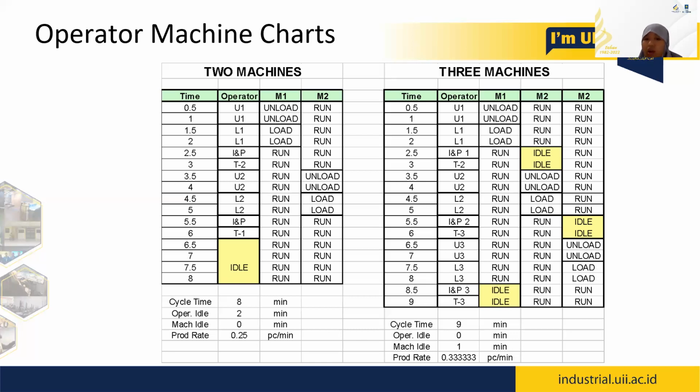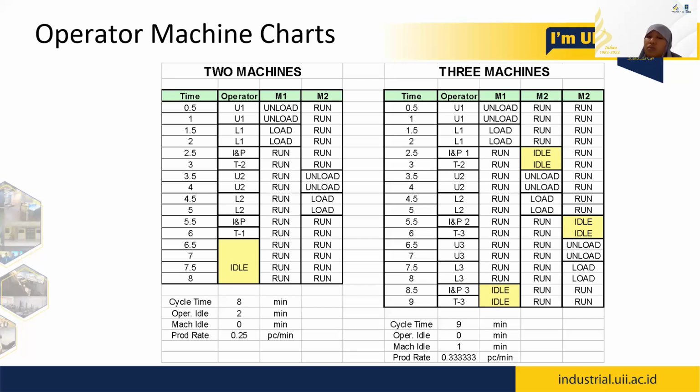Now, if the company feels that the operator idle of 2 minutes per cycle for 2 machines is too much, they can do the analysis with 3 machines and 1 operator, using almost the same logic.